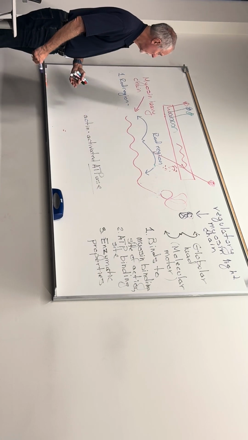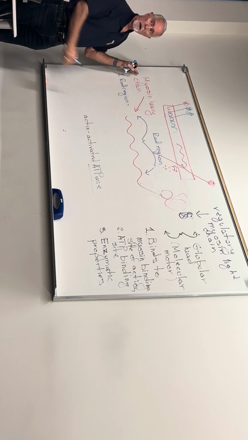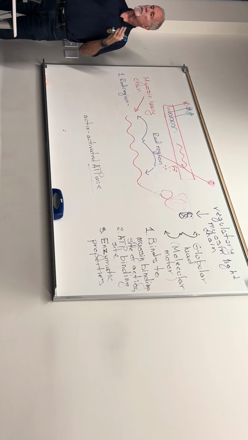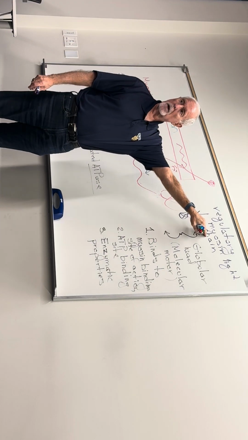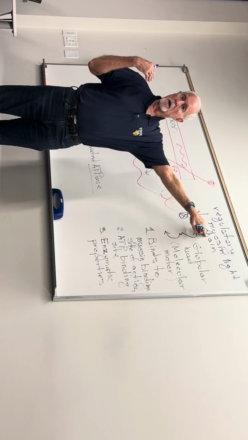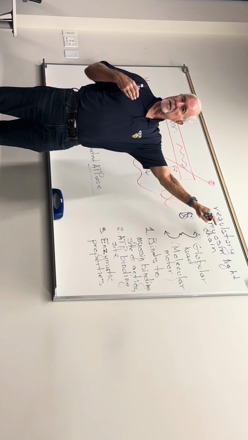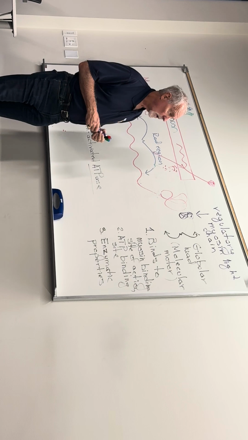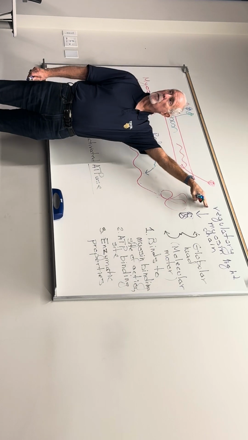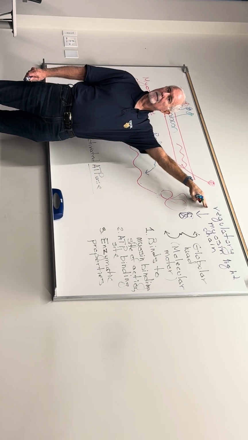So why do we call this a heavy chain? And the answer is simple, because it's a large protein. Why do we call this a myosin light chain? And following up on this theme, it's because this is a relatively small protein. Very important word there, regulatory.